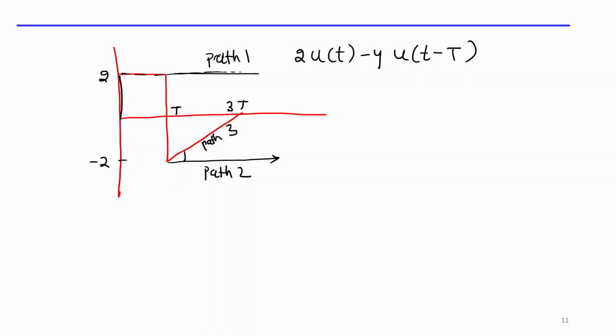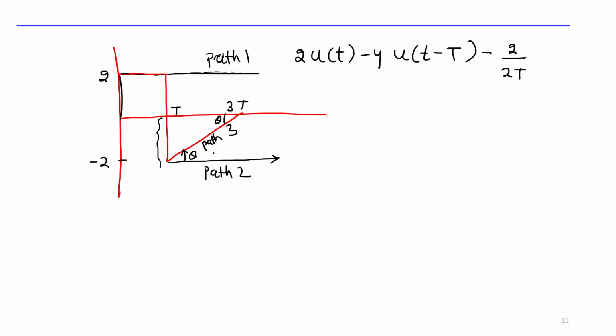You have to go by changing the slope. This slope is theta, and this is also theta. This theta is nothing but change in y divided by change in x. Change in y is 2, and change in x is 3T minus T. That's why I am writing the slope here. The slope will be 2 divided by 2T.